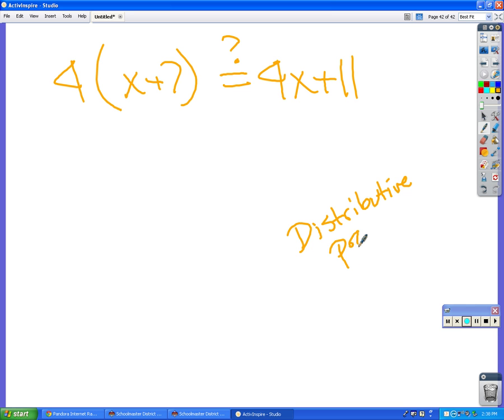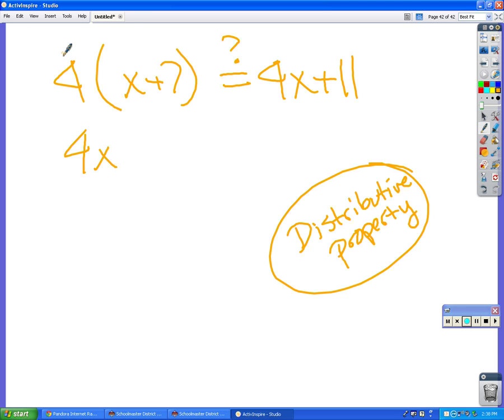Okay, good. Remember that with the distributive property, you're going to multiply the whole way. So I'm going to go 4 times x, which is in fact 4x. So I've multiplied those two together. And then this plus sign stays there, but that does not mean that I go 4 plus 7.